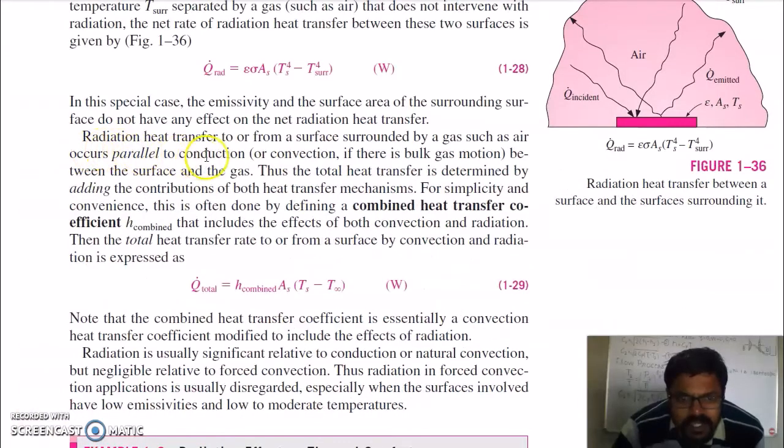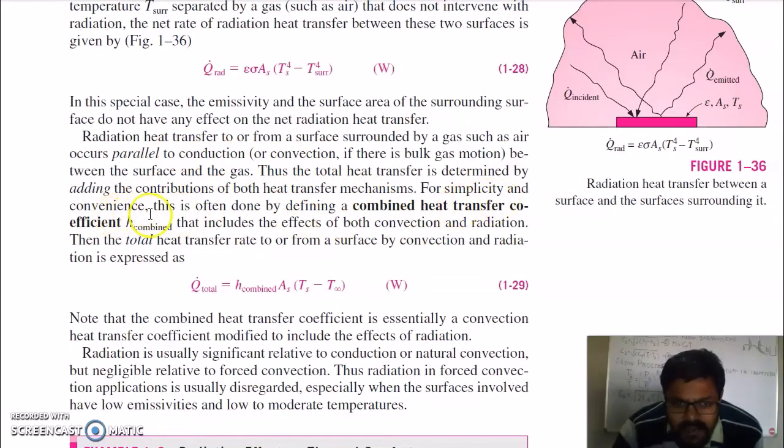So radiation heat transfer to or from a surface surrounded by a gas such as air occurs parallel to conduction, meaning through this plate conduction is also going on, and convection is also going on. If there is a bulk movement of the air from this surface, convection also takes place. Thus, the total heat transfer is determined by adding the contributions of both heat transfer mechanisms, conduction and convection.